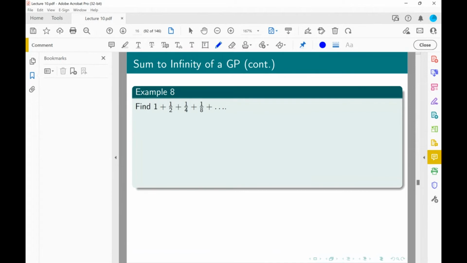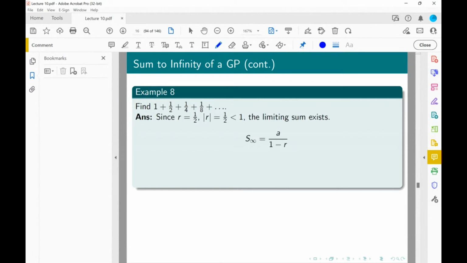Let's use an example. If we want 1 plus a half plus a quarter plus an eighth, how do we find the sum of this series? This is a sort of famous series. What's our a? What's our r? a is 1 and r is a half. The common ratio is a half, which is indeed less than 1 in absolute value, so the limiting sum exists.